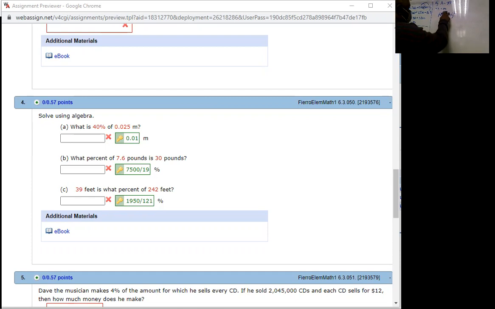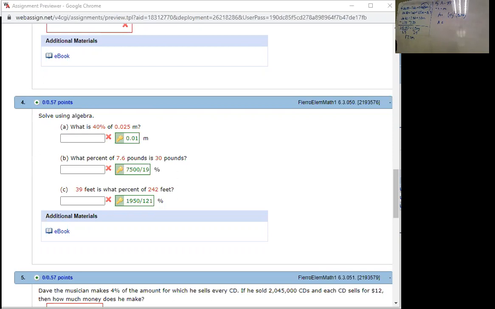I now want to tell you, this pi, we're going to say is 3.14. That's the approximate value of pi. I don't know why they don't tell you to use 3.14 for pi, but we're going to use that here.